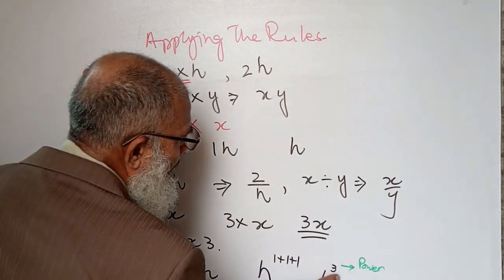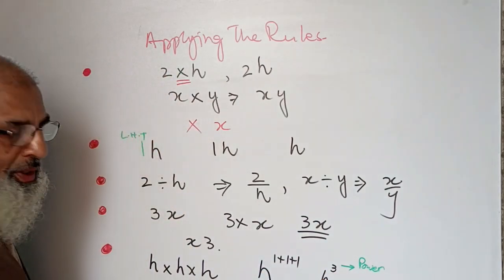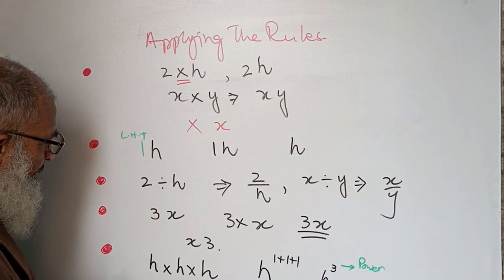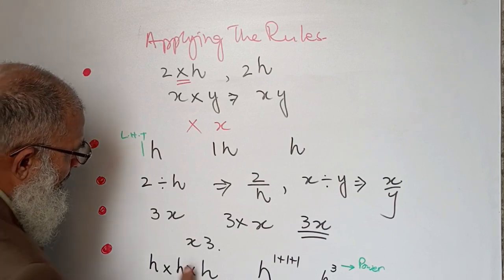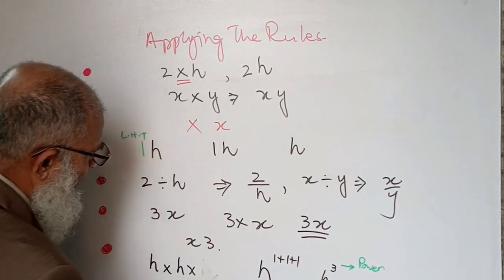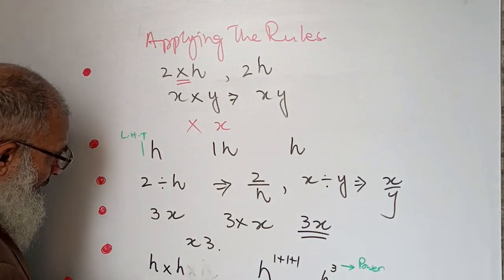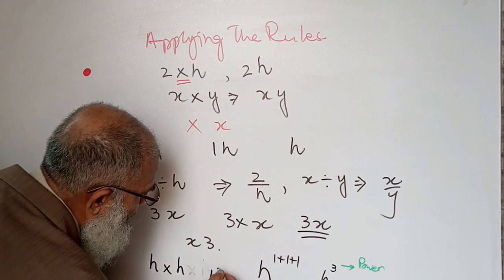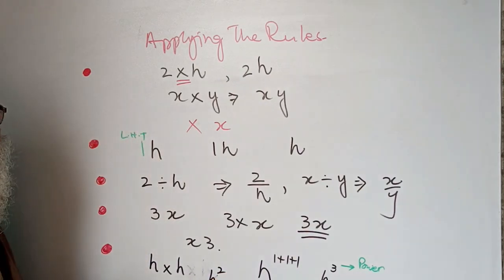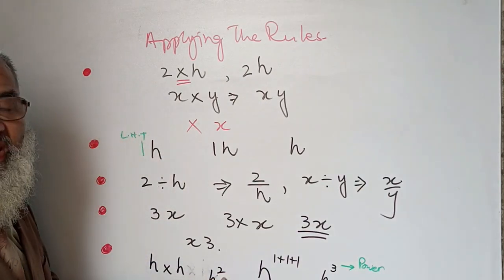So it is called cube, and if it is written like this, it will be h raised to power 2, and this 2 is called square.